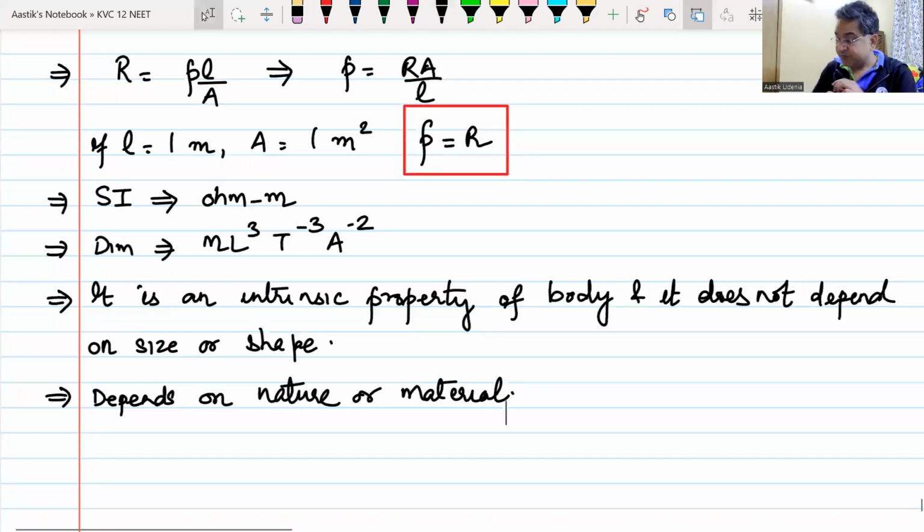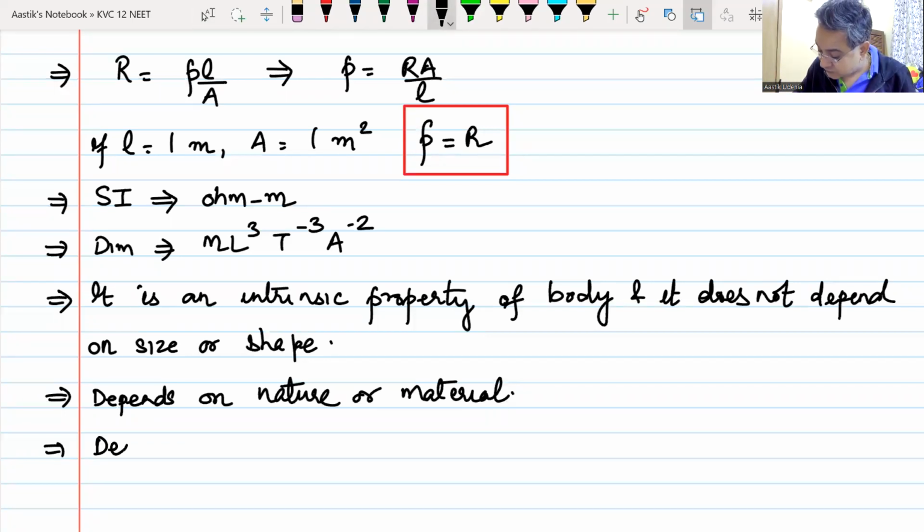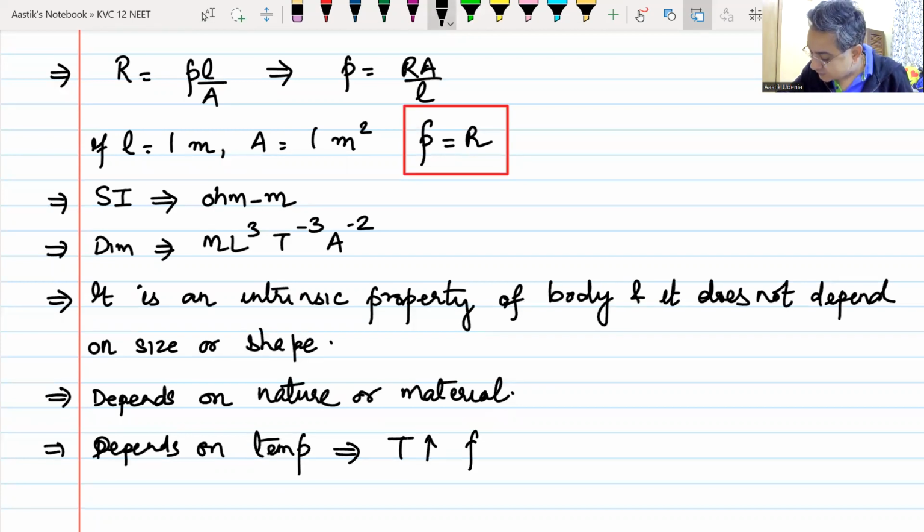Last thing, it depends on the temperature. In fact, when temperature increases, resistivity increases.